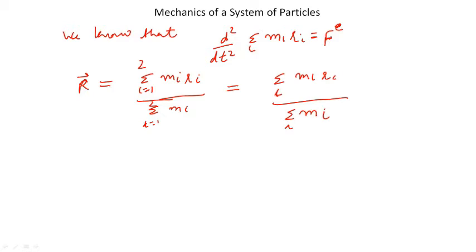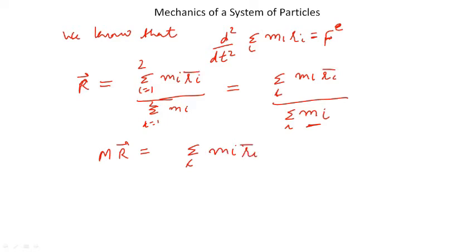So here we can write sigma i mi as capital M, so it becomes M R is equal to sigma i mi ri.